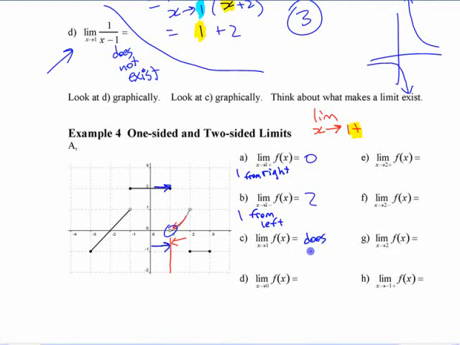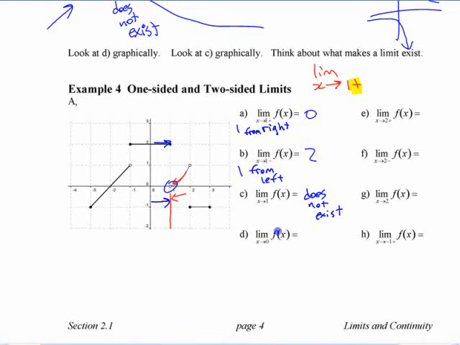This doesn't exist. Since the two sides don't agree, you can't say there's a limit at 1. You can say there's a left and a right, but not a two-sided limit.